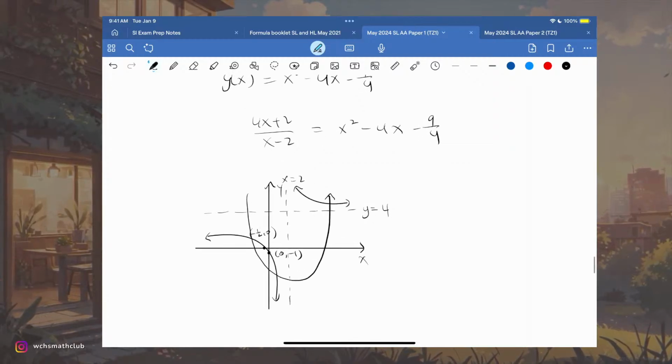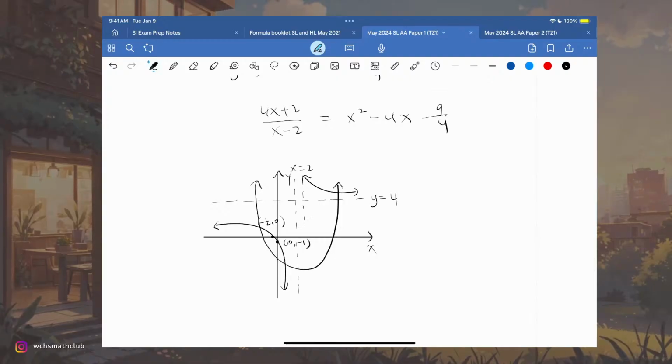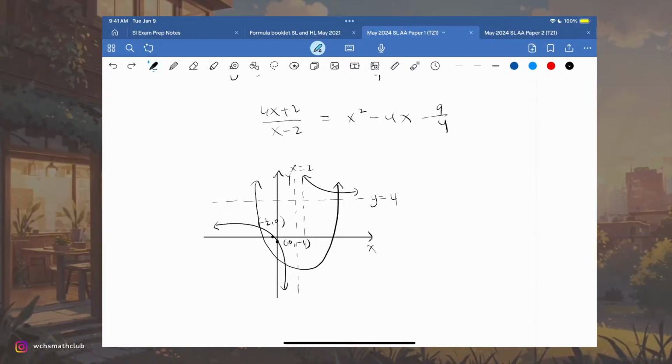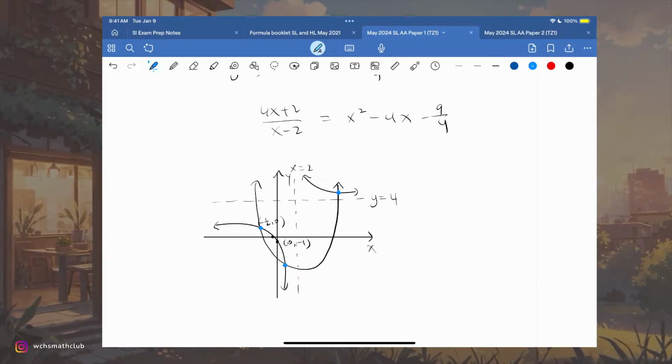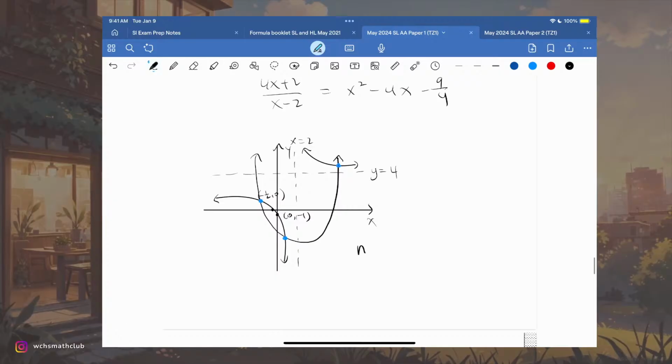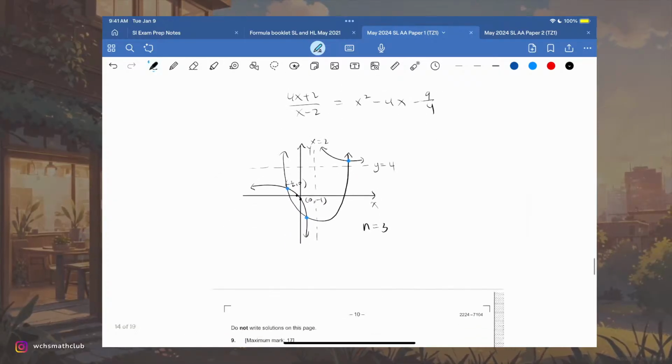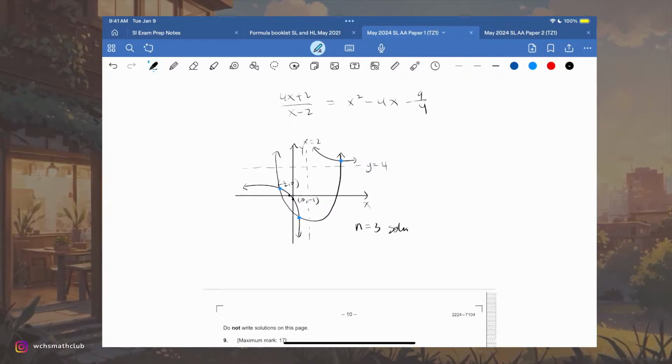So here we see that there are 1, 2, 3 intersections between our f of x and g of x. This means that n equals 3, as the question asks. Okay, there are 3 solutions, if you want to make it more clear.